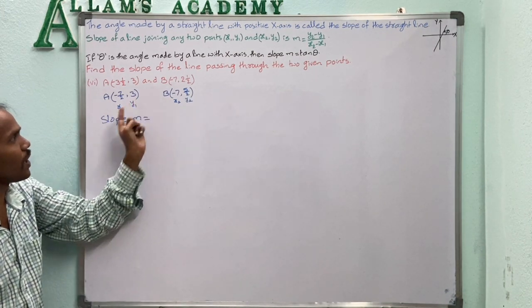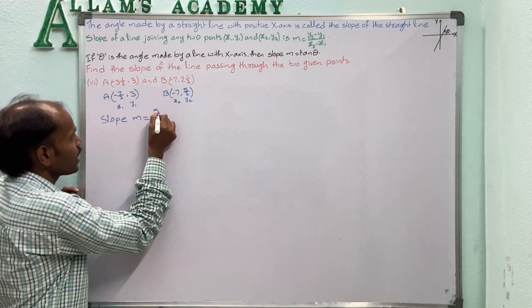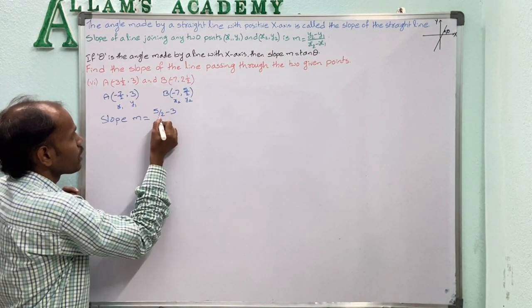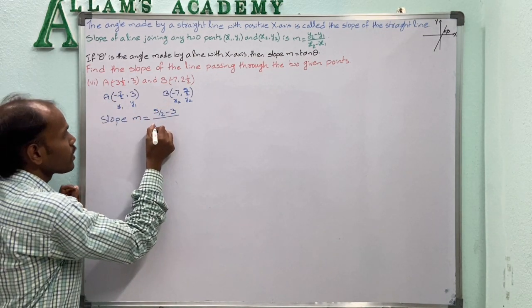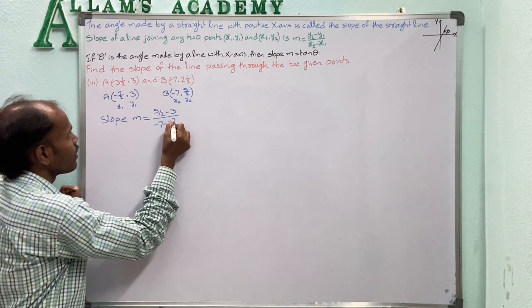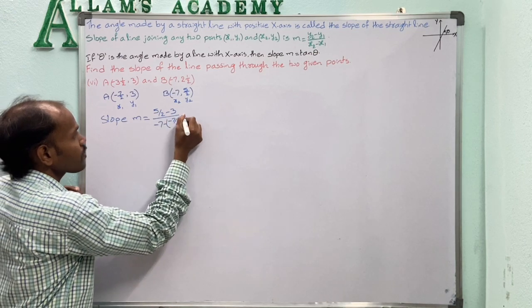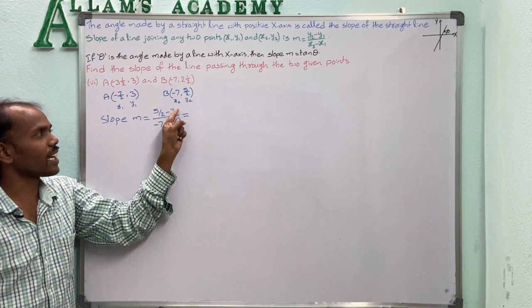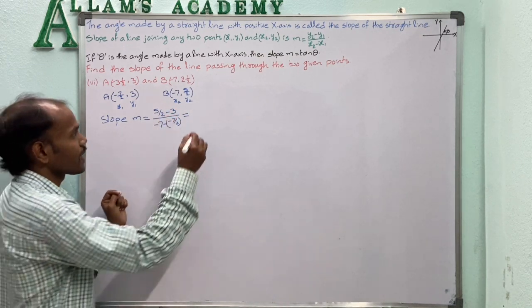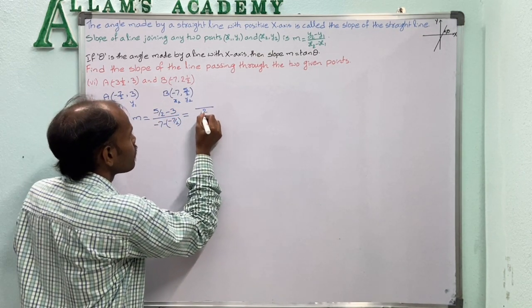that is y2 minus y1, 5/2 minus 3, over x2 minus x1, -7 minus (-7/2). Now here we take 3 as 3 by 1. So here the LCM is 2.